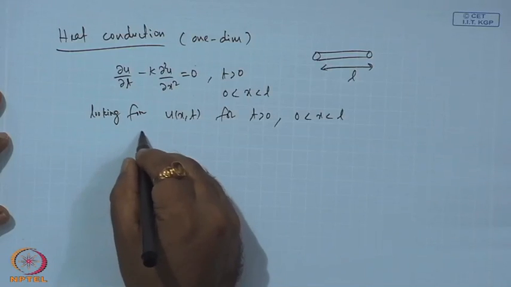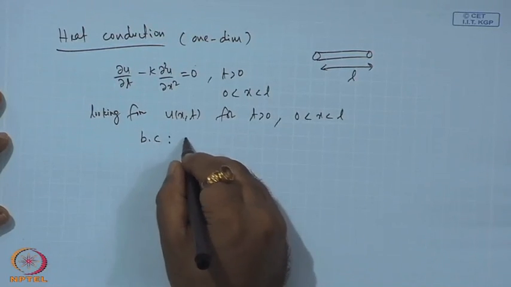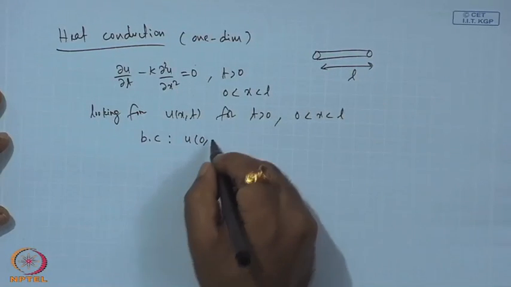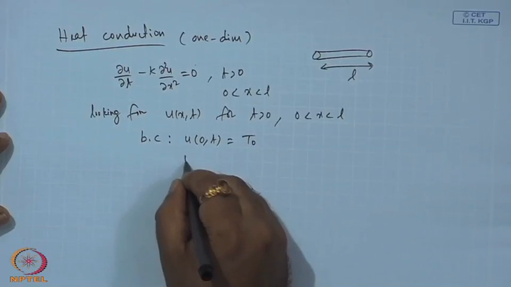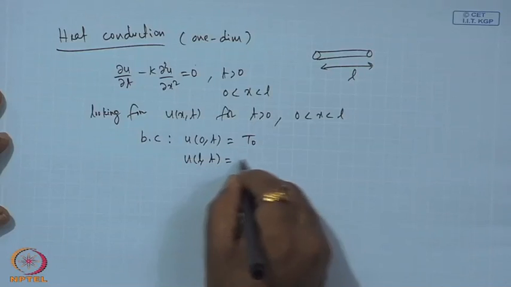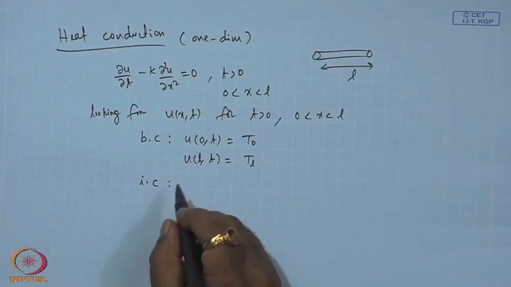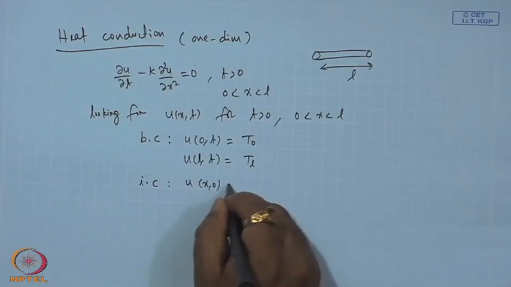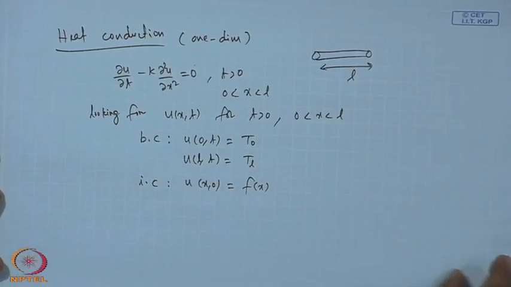Let us say this is 0 and L, u of 0 t is some T 0, u of L t is some T L, and we need an initial condition, u of x 0 is any initial profile.